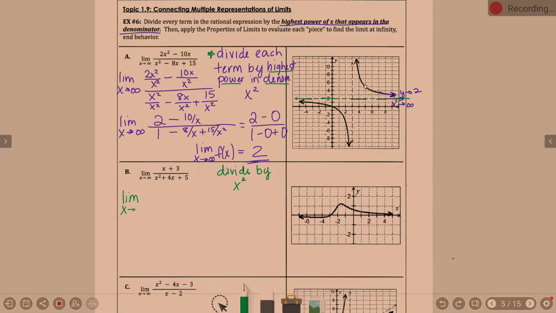Well, the first time, writing it out: what is x divided by x squared become? 1 over x, plus, what's 3 divided by x squared? 3 divided by x squared. Denominator, x squared divided by x squared is 1. 4x divided by x squared is 4 over x. Plus 5 divided by x squared is 5 divided by x squared.